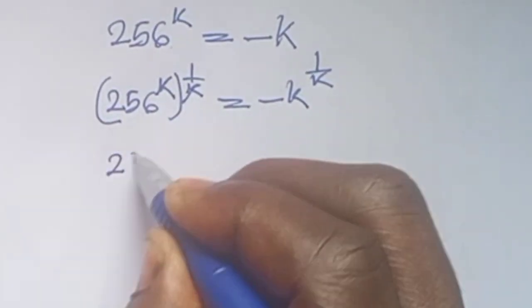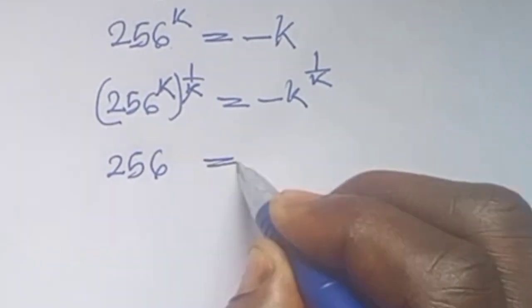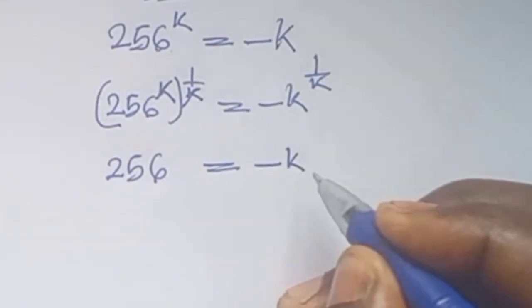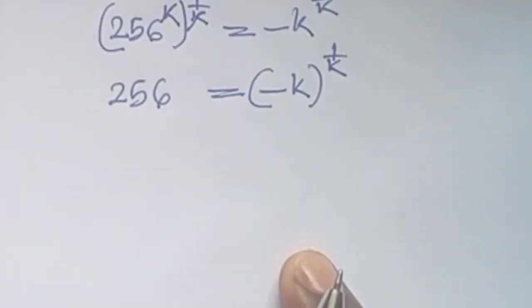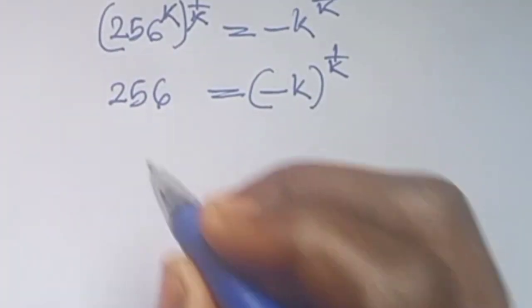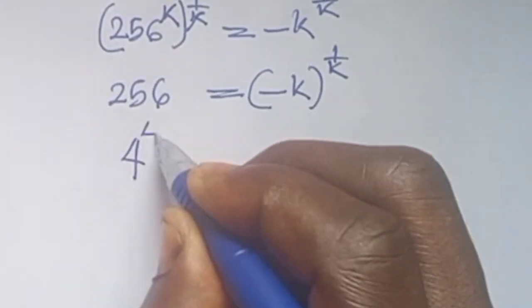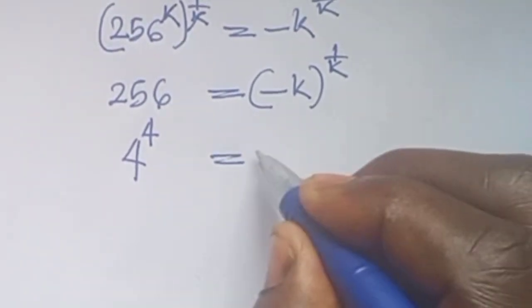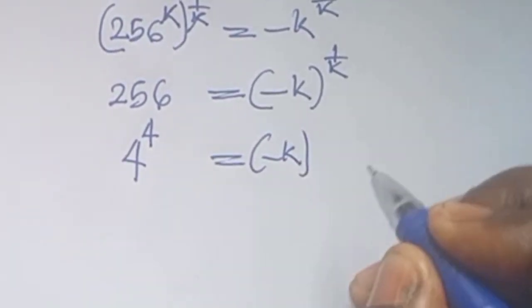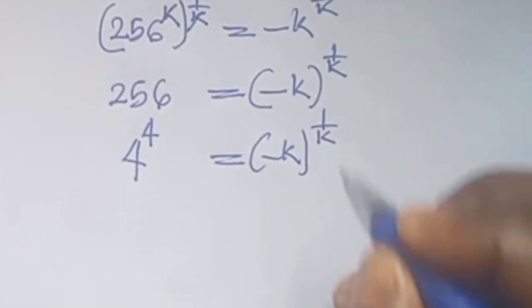What is left is 256 equals minus k to the power of 1 over k. But 256 can be written in index form as 4 to the power of 4, and therefore this equals minus k to the power of 1 over k.